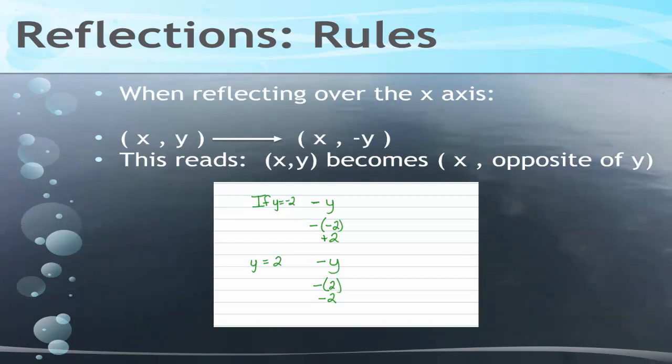So we can see that whatever we started with, when plugged into the given expression, will end up with the resulting opposite. And that's what takes place with a reflection. When we use the rule, we're going to end up with an opposite of y when reflecting over the x-axis.